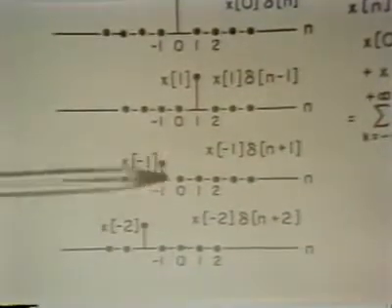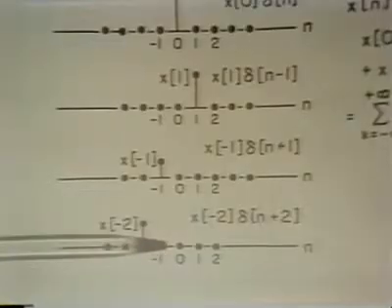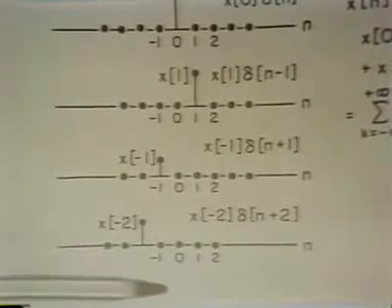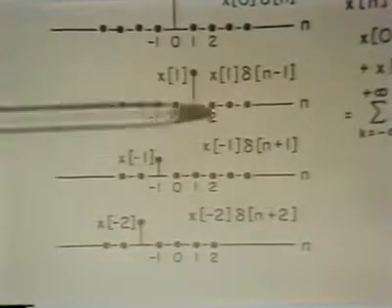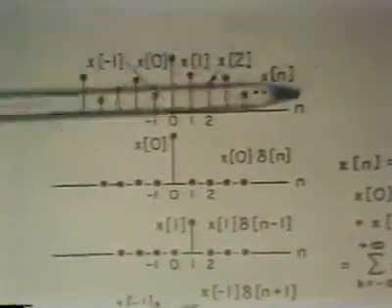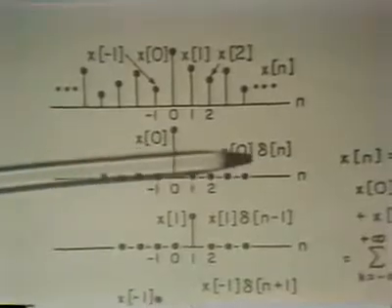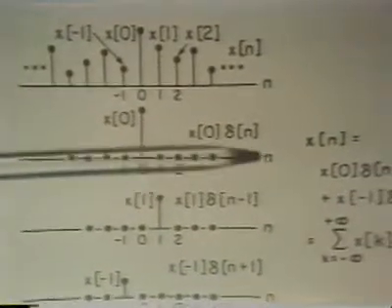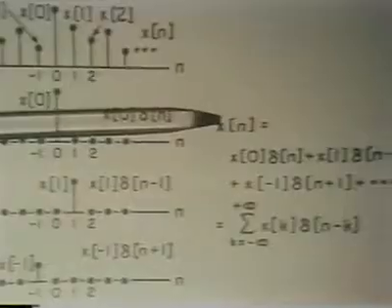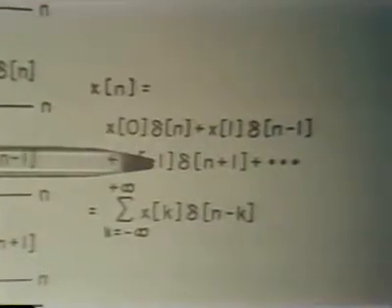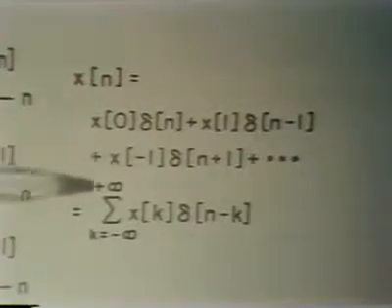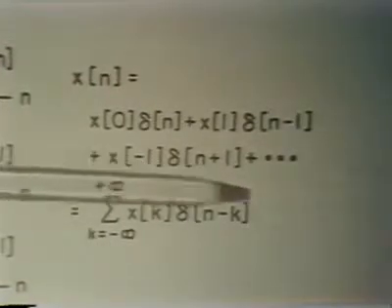So if we continued to generate a set of weighted delayed unit samples like that, and if we add all these together, then that will generate the total sequence. Algebraically, then what that corresponds to is representing the sequence as a sum of individual terms, as I've indicated here, or in terms of a general sum, the sum of x of k delta of n minus k. So that's our strategy.